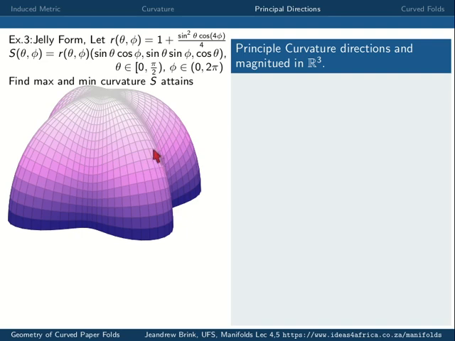Okay, so in 2 dimensions, there's a very natural coordinate system you can put on any surface that's always orthogonal, where one direction points in the maximum curvature direction and the other direction points in the minimum curvature direction.